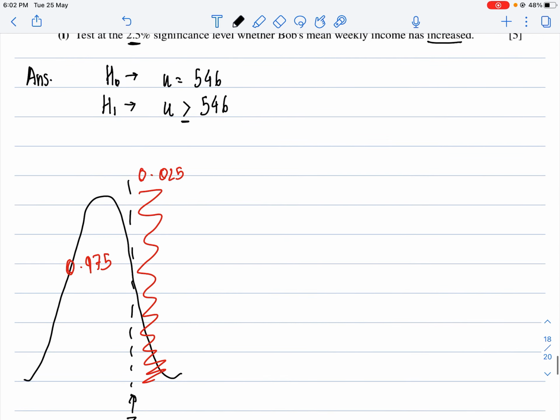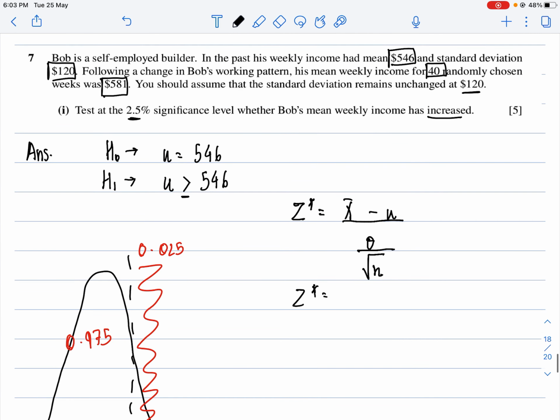Now I calculate my Z statistic value, which is given by my test value minus the mean, over the population standard deviation over root n. So my Z statistic value is 581 minus the mean, which is 546, over 120, which is my standard deviation, over root n, which is 40.